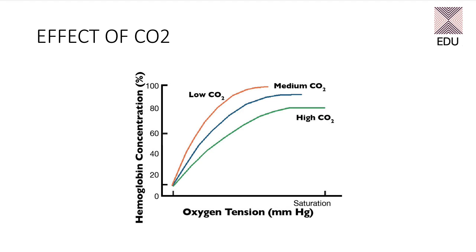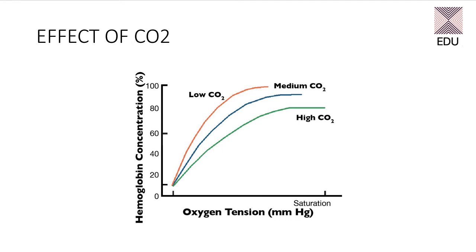That should, I think, be written as hemoglobin saturation. So on the vertical axis you take hemoglobin saturation as a percentage. If we go up, more of the hemoglobin is saturated with oxygen. On the horizontal axis, we have the oxygen tension, which is the partial pressure of oxygen.